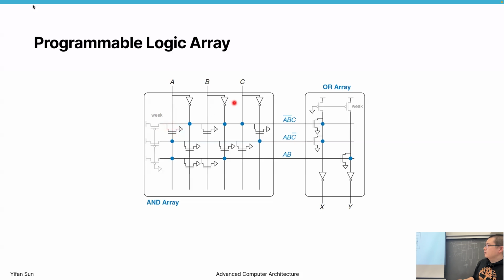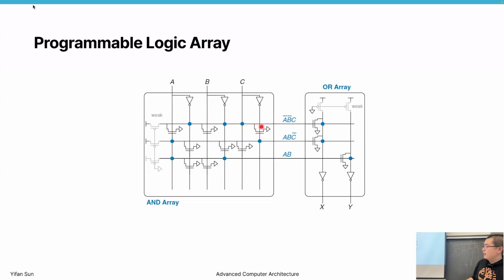Then if A is 1, the whole thing is 0. A prime B C is 0, right? If A is 1, this transistor is connected. If it's connected, the high voltage will go through this gate, then will disappear, so it will not go towards this direction. So only if B is not connected and C prime is not connected can we have high voltage pass to this OR gate. That's how we implement the AND gate.